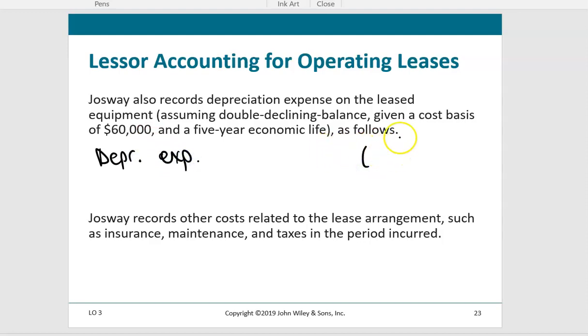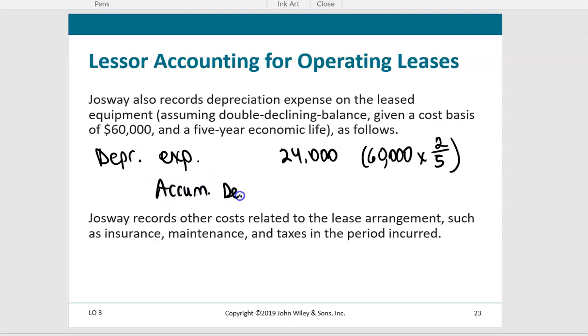The amount of depreciation expense: the cost basis is 60,000. And remember that double declining balance method, we say 2 divided by the estimated useful life. We said the estimated economic life was 5 years. So this is 40% of 60,000. The company is going to record depreciation expense of 24,000. And of course, the other side of that entry, accumulated depreciation.